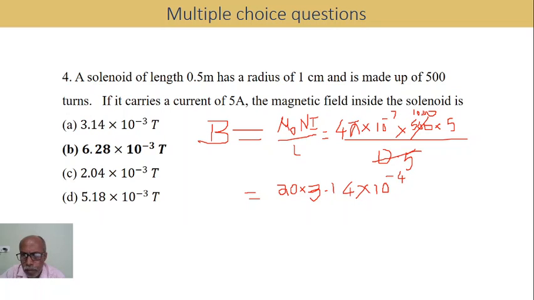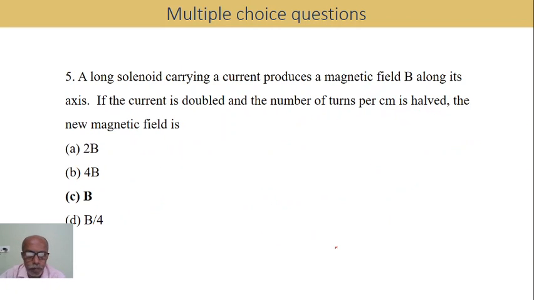Minus 7 plus 3 here, therefore it is minus 4, or it is 2 into 3.14, which is 6.28, 6.28 into 10 power minus 3. I have taken it as 2 instead of 20, and therefore 0 will reduce here, 10 power minus 3. This is the magnetic field at the center of the solenoid, 6.28 into 10 power minus 3 Tesla.